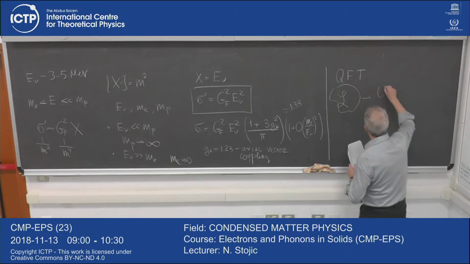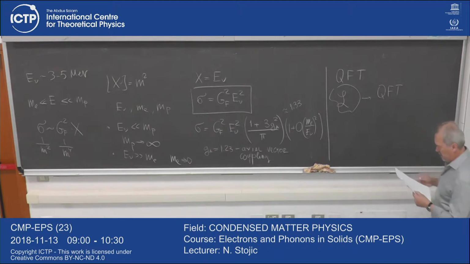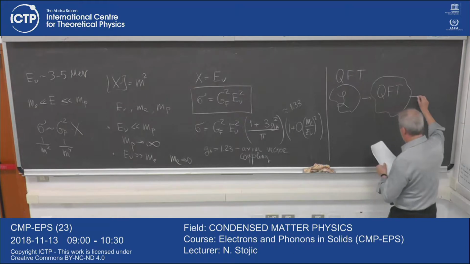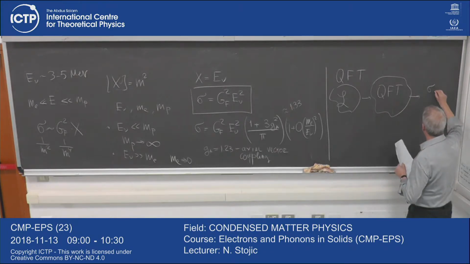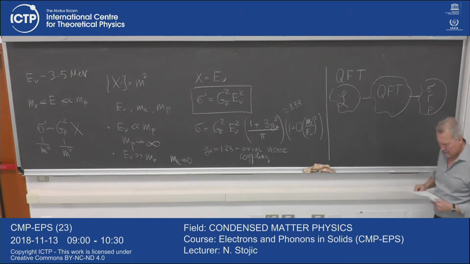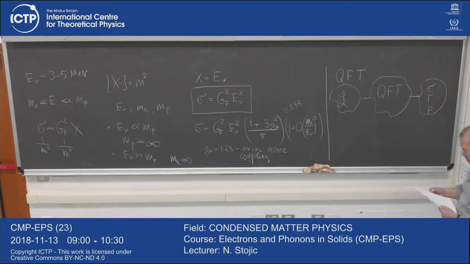Then using quantum field theory rules we do computations, and eventually we come with sigma, which is cross-section, or decay rate, or the probability. So these are the quantities we are computing. These quantities, in fact, are functions of kinematical variables and coupling constants which enter Hamiltonian or Lagrangian.